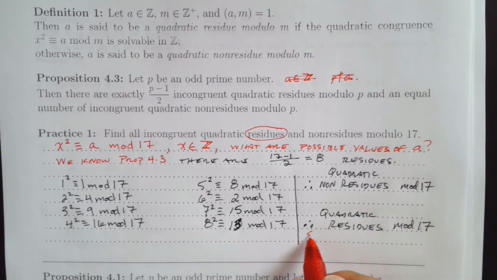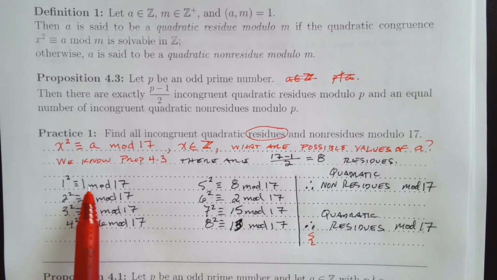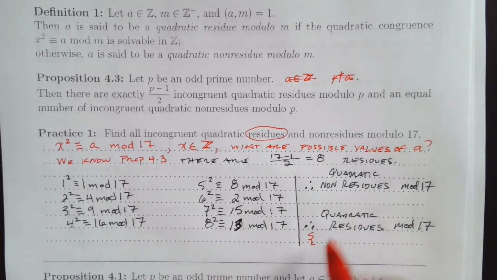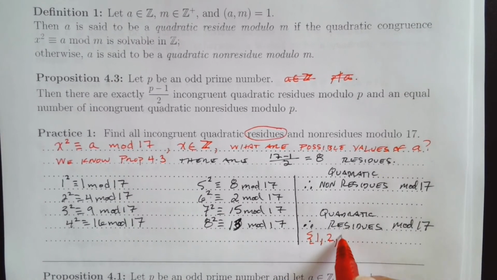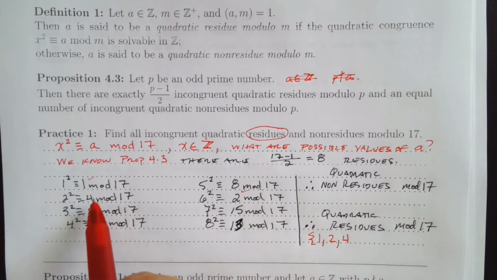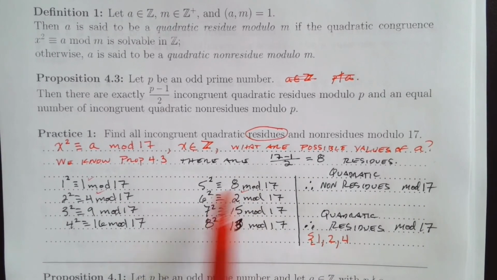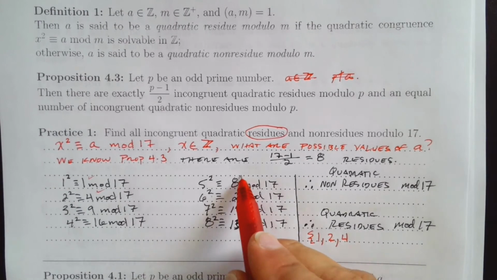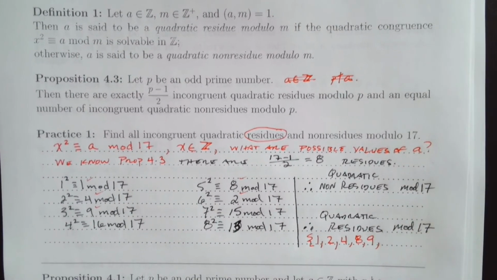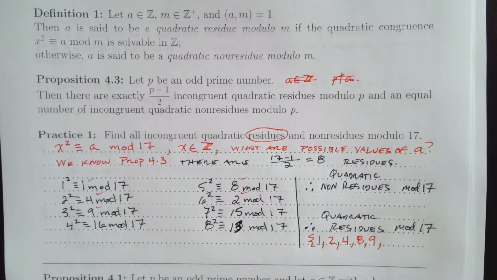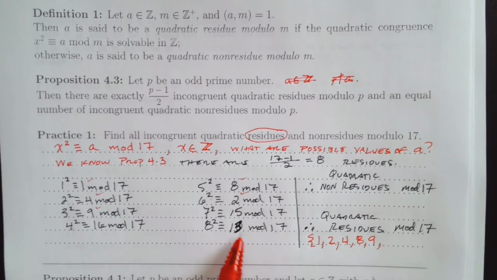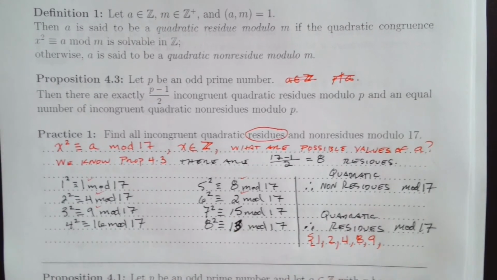What's going to be our set of numbers? Well, we have 1, 2, 4. We also have 8, 9. And continuing, we have 13, 15, and 16.